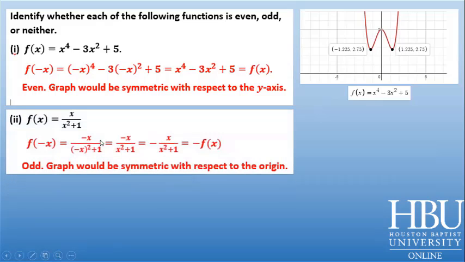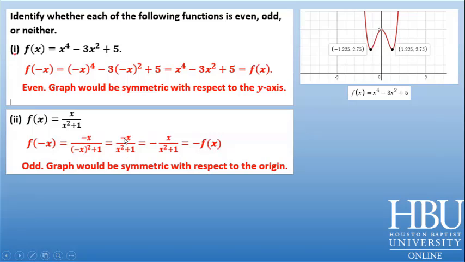Here's another example. Suppose f of x equaled x over x squared plus 1. Then f of minus x would be minus x over minus x in parentheses squared plus 1. That would be minus x over x squared plus 1, because this minus sign, when it's squared, becomes positive.